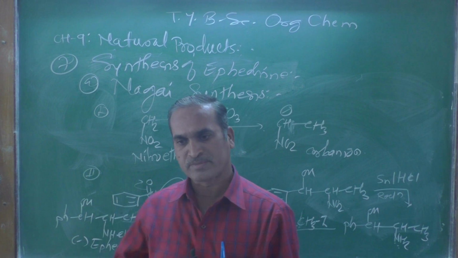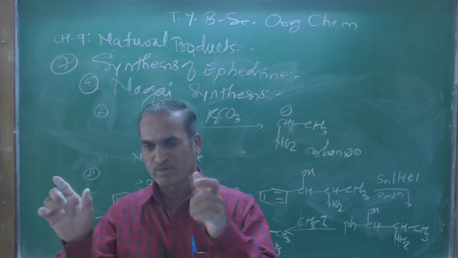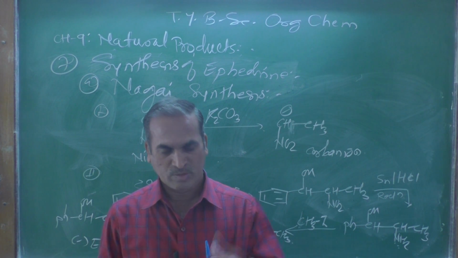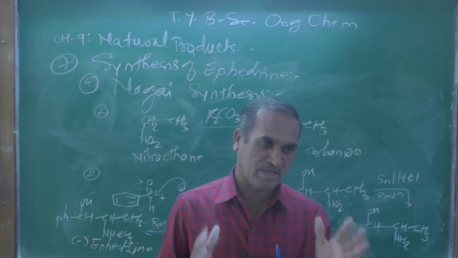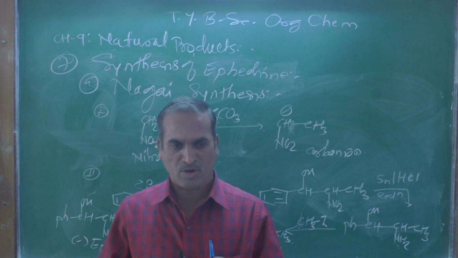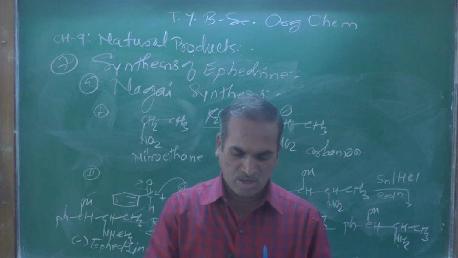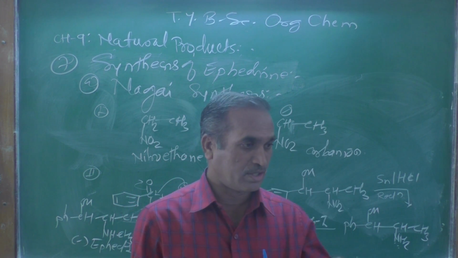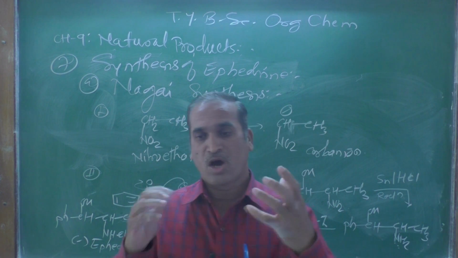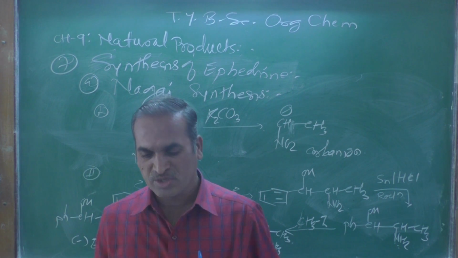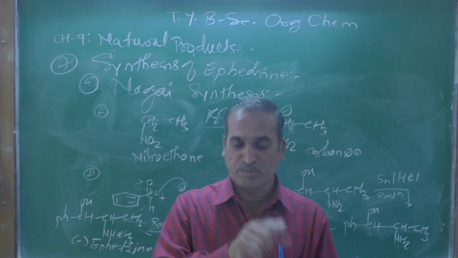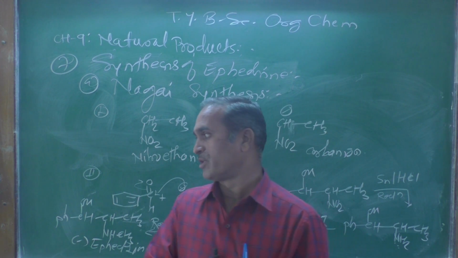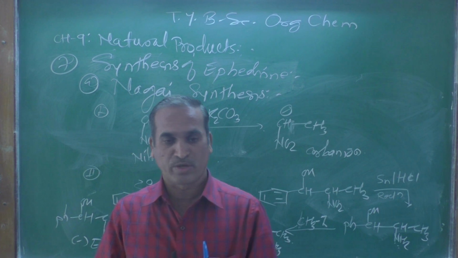Second one is alkaloid. So one mark questions may appear in the exam like this: what is terpenoid, what is alkaloid, or explain the isoprene rule, state the isoprene rule, or the special isoprene rule. These are probable one mark important questions we are discussing over here.